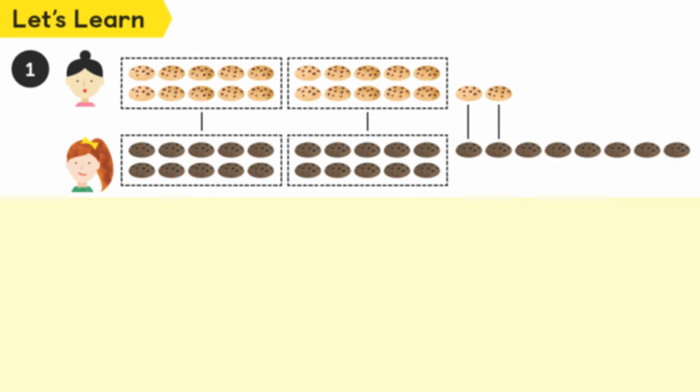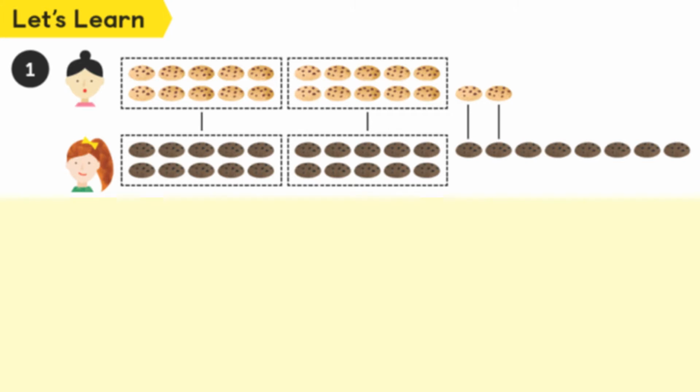Let's find out how many more she baked. Okay, children, so we are looking at how many more cookies did Sally bake. Now we know that Sally baked more cookies because she baked 28, and 28 is more than 22. And this is one way that we can find out how many more.